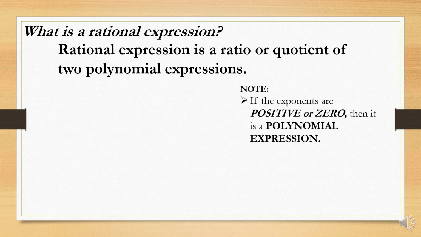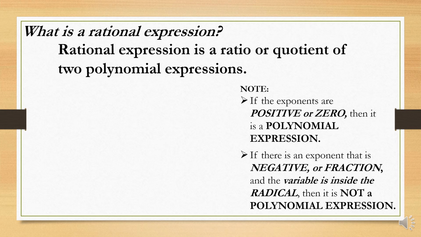In the given expression, if the exponents are positive or zero, then it is a polynomial expression. If there is an exponent that is negative or a fraction, and the variable is inside the radical, then it is not a polynomial expression. Example, x plus 3 all over x minus 3.